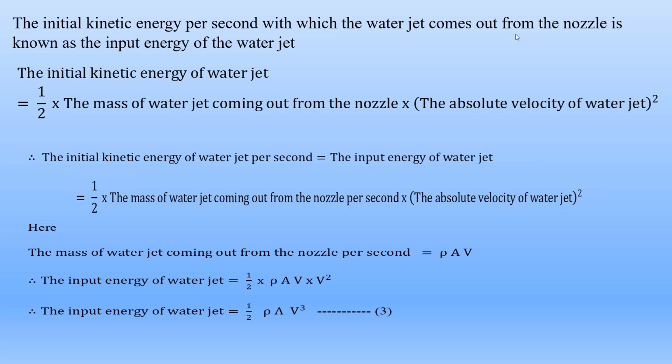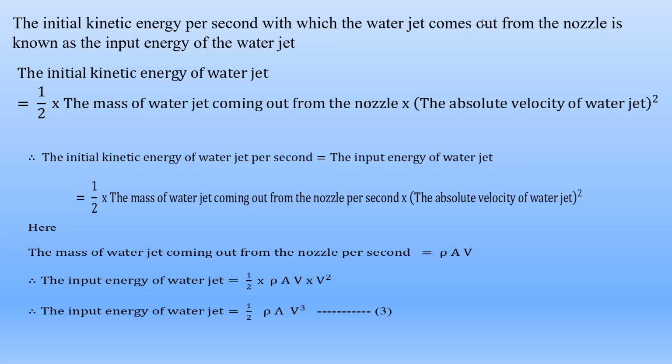So the initial kinetic energy. Everyone check this carefully. I am going to discuss with you the input energy of the water jet. What is that input energy? The initial kinetic energy per second with which the water jet comes out from the nozzle.